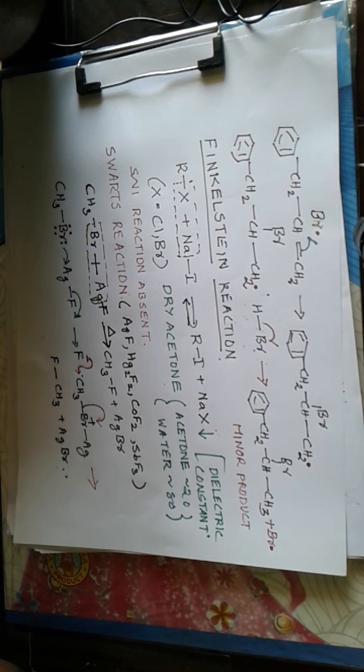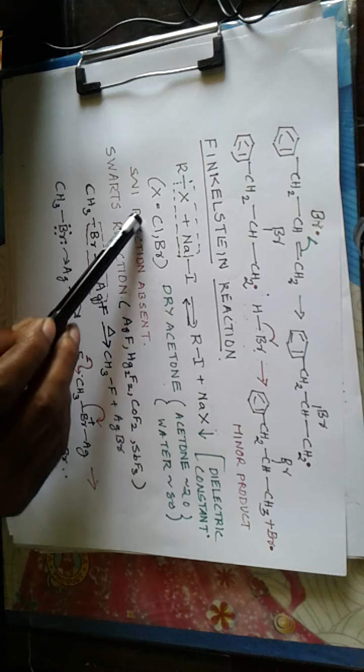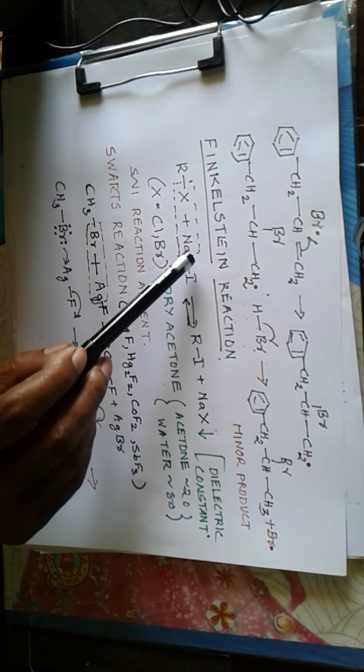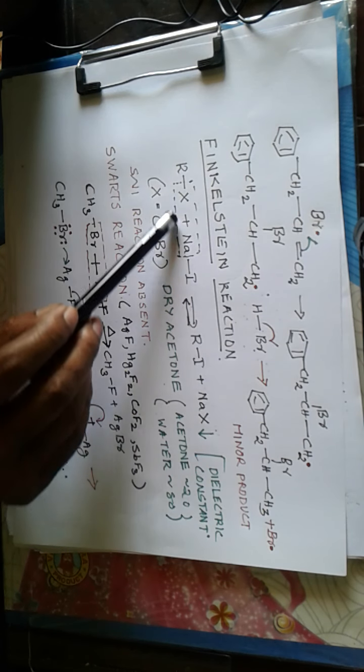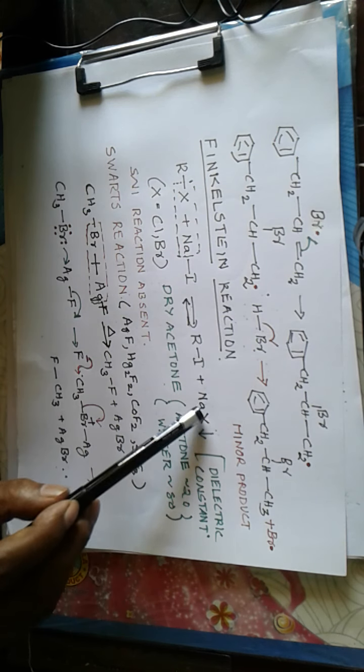So a solvent of low dielectric constant cannot hold the ions separately, or ionization cannot be favored in a solvent of low dielectric constant or low polarity. Now the reaction is RX plus NaI, giving you R-I, and NaX is formed.